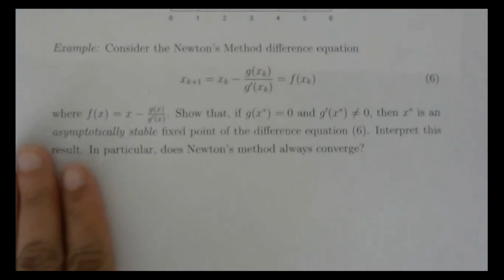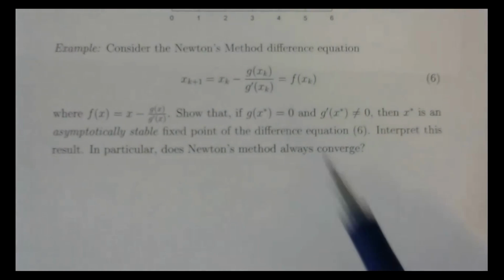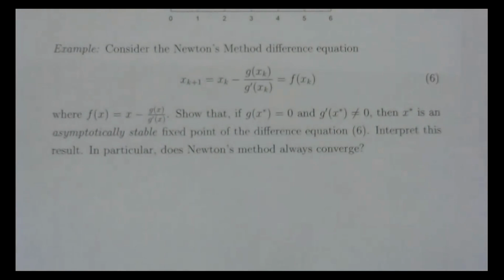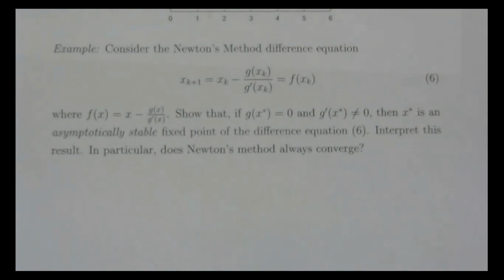So we have the method here, and what I want to ask you to do is to show that if I plug in an equilibrium, and as long as this denominator is non-zero, then we have an asymptotically stable fixed point of the difference equation. The difference equation is this, if I see the right-hand side, is f of x. So let's remember what an asymptotically stable equilibrium point means, right?